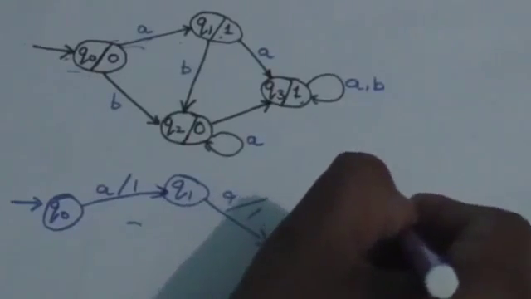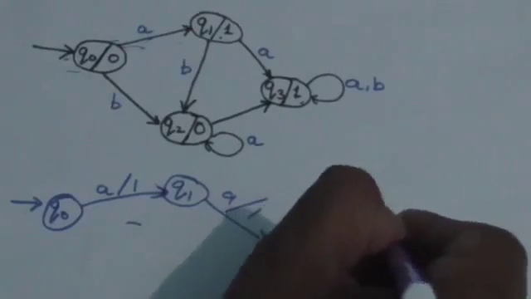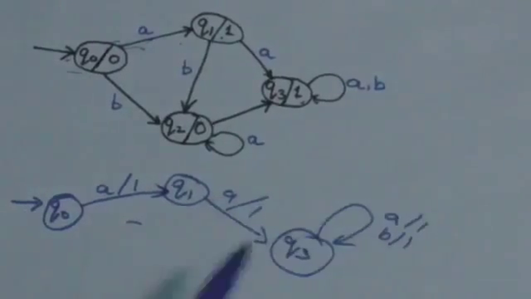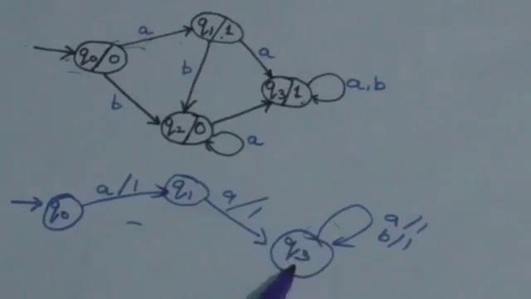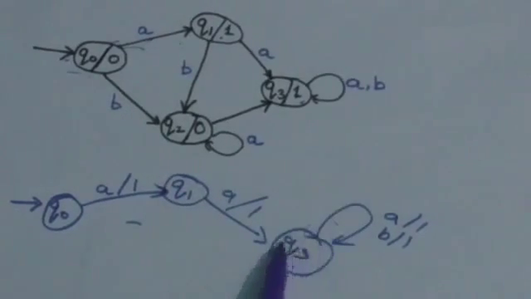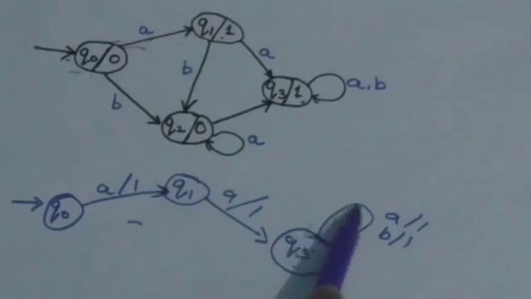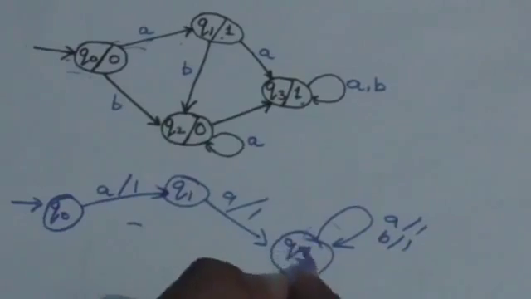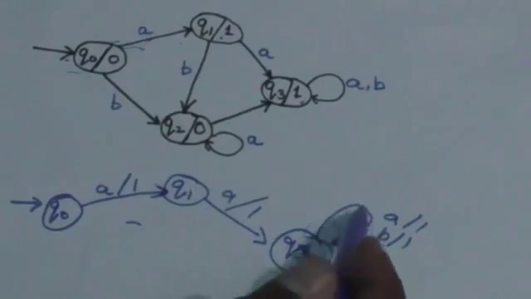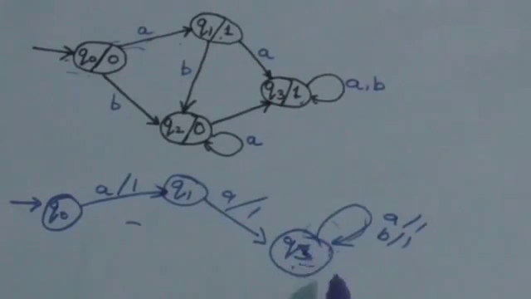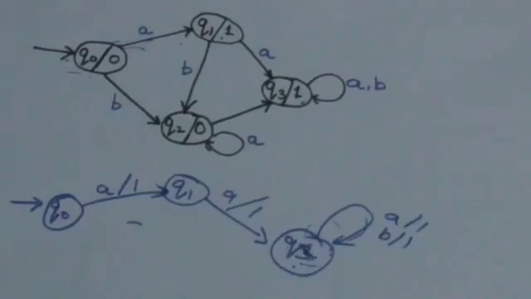Now here also A1, B1. These are also incoming edges too. And now this loop which starts from Q3 to Q3, it is a loop, so it is also an incoming edge because it ends on Q3.